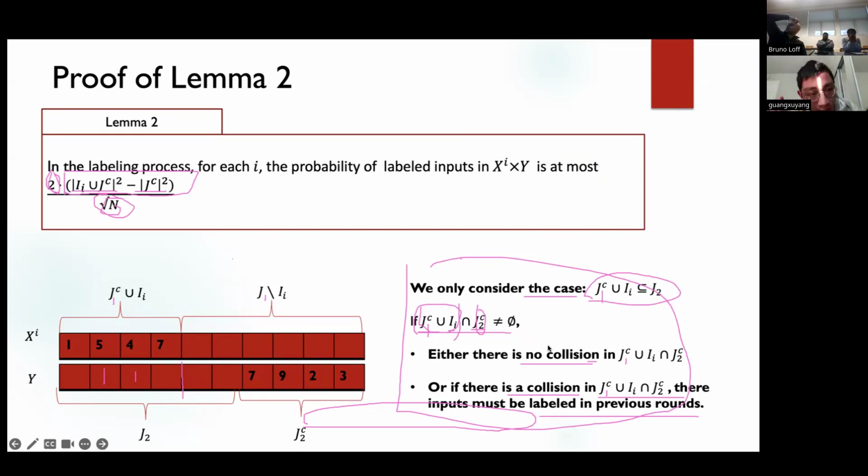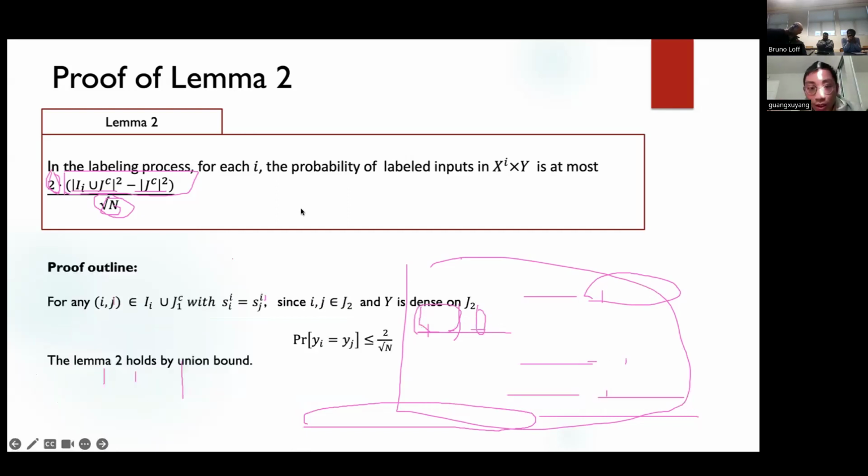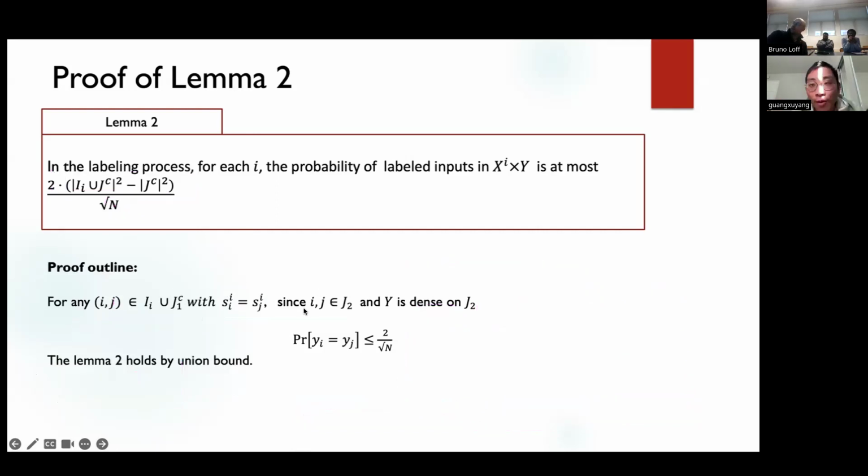So any question yet? So we can go down. Okay, this is the proof outline. If we assume that happened, we just use the min-entropy condition to bound the conditional probability on the Bob side.